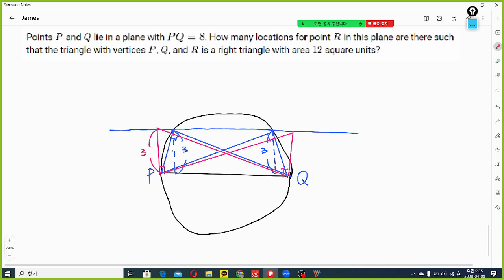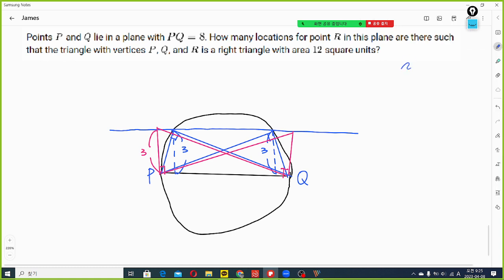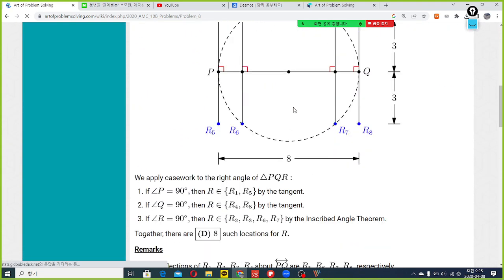So we can make 4 triangles using the upper horizontal line, and if we make the lower horizontal line, we can do the same thing, another 4 triangles. So 4 up and 4 down, the total is 8.